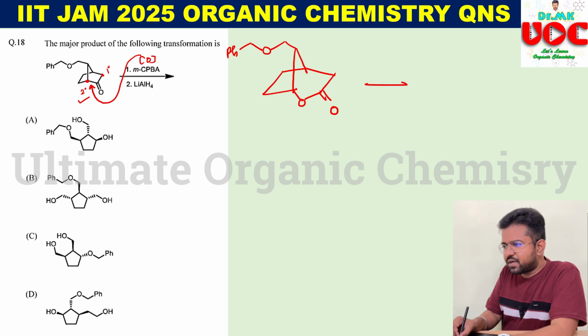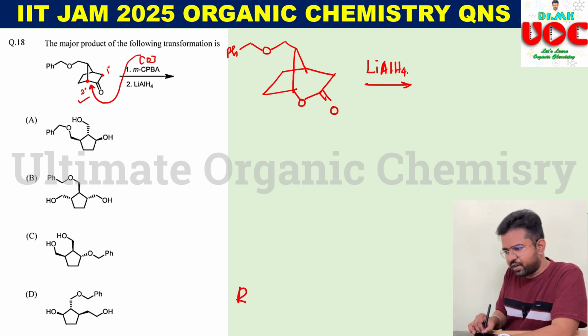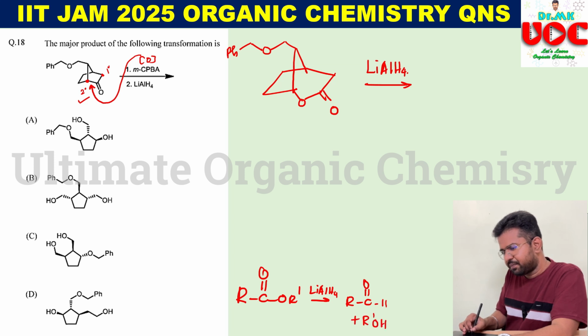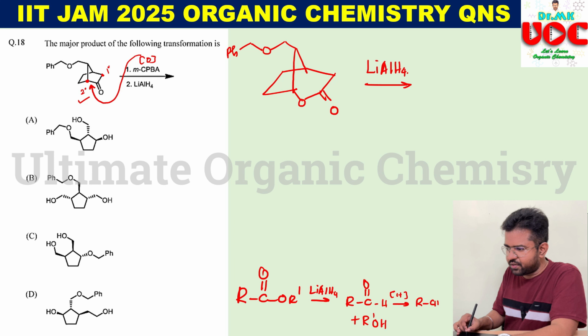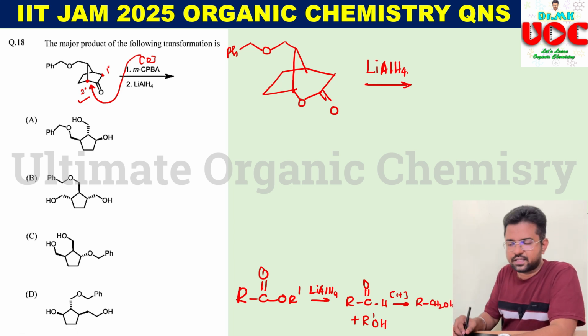Now this lactone is treated with lithium aluminium hydride. You know that a lactone is a cyclic ester. When you treat an ester with lithium aluminium hydride, initially you will get an aldehyde and an alcohol, and the aldehyde is further reduced. Since lithium aluminium hydride is a strong reducing agent, it will be reduced into a primary alcohol. I hope you know this reaction. So that is what they have asked.